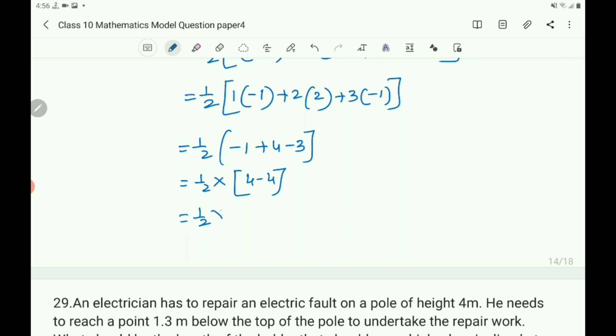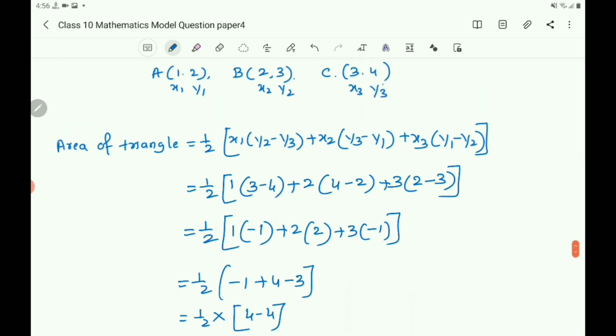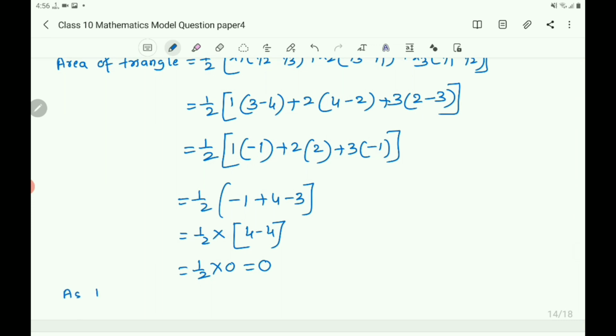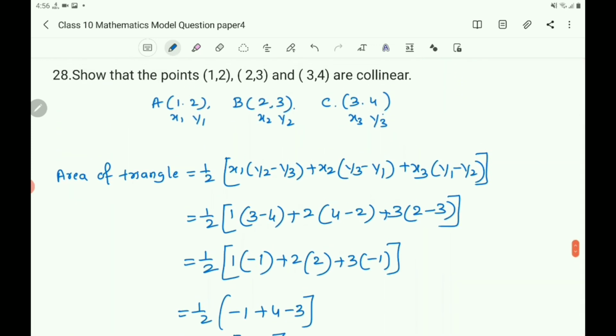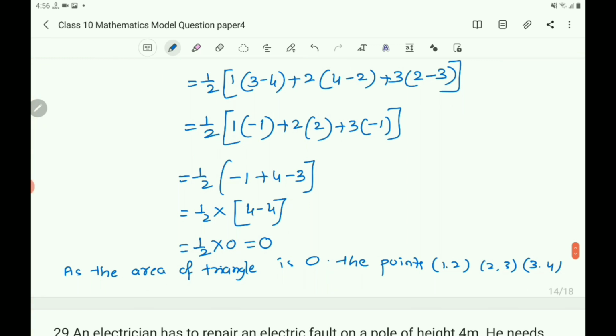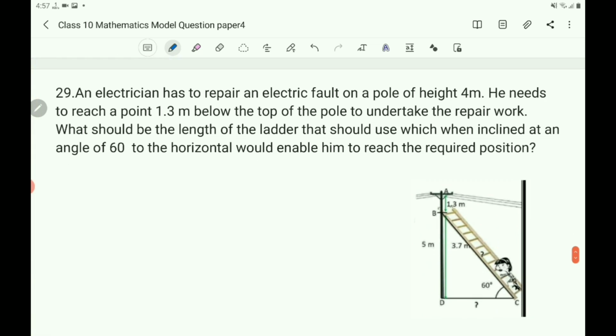So it equals half into 0 equals 0. So as the area of the triangle is 0, the points (1, 2), (2, 3), (3, 4) are collinear. Then you take the next question.